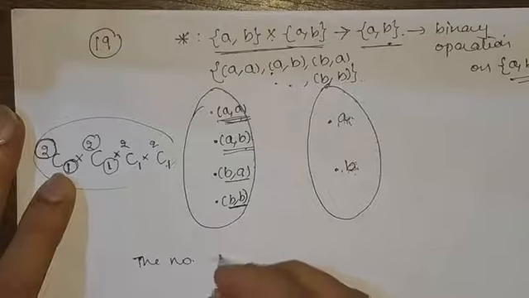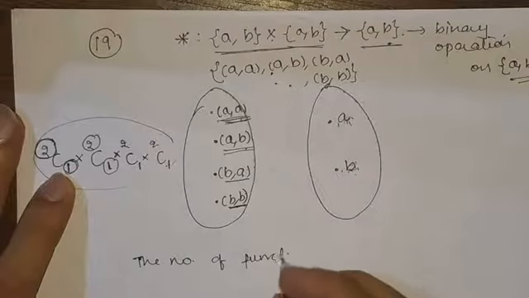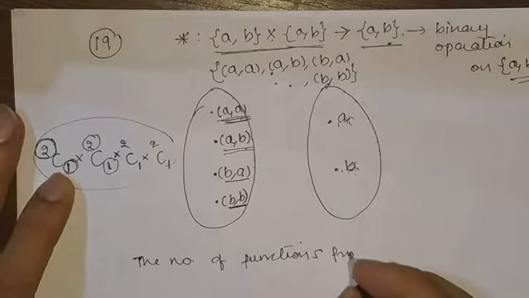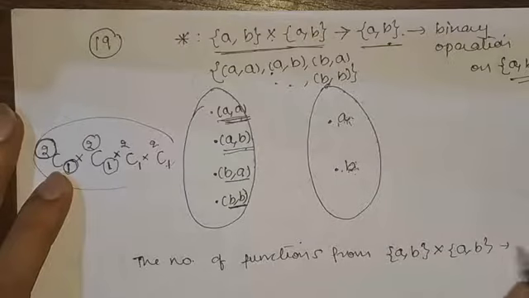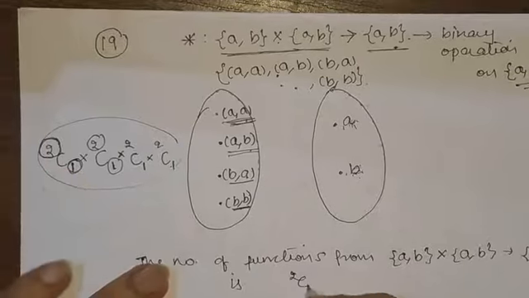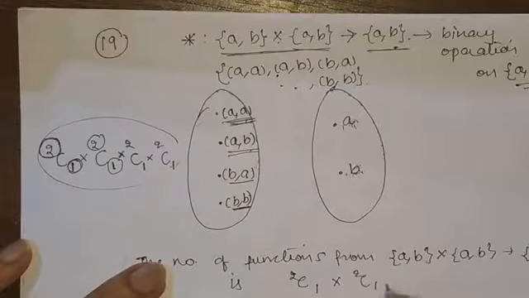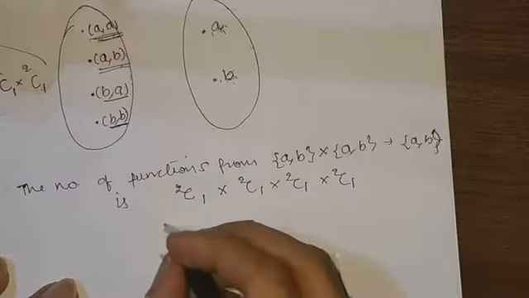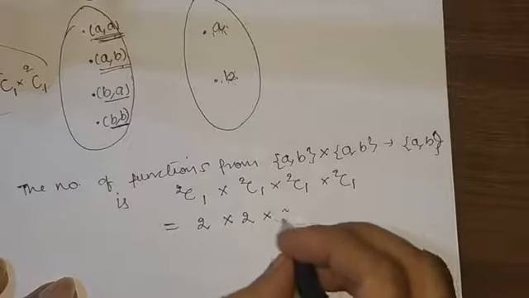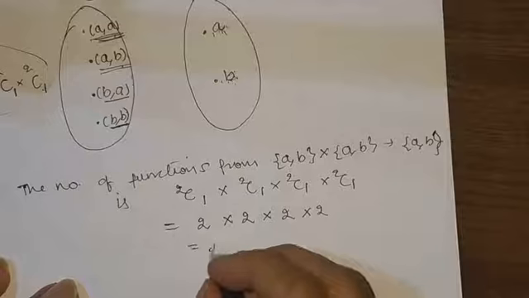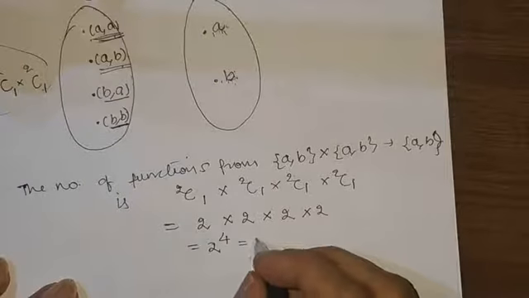The number of functions from the set {A, B} cross {A, B} to {A, B} is 2C1 multiplied by 2C1 multiplied by 2C1 multiplied by 2C1. Which is 2 multiplied by 2 multiplied by 2 multiplied by 2, which is 2 raised to 4, which is nothing but 16.